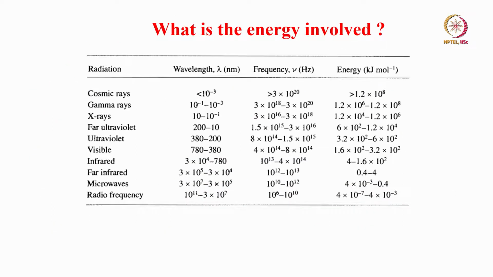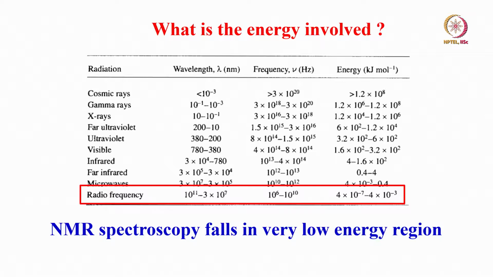Now the question is, what is the energy involved? See, in the varieties of molecular spectroscopy techniques, in this table you can see, starting from cosmic rays, gamma rays, etc., the wavelength, frequency and energy in the last column. Radio frequency comes in the last row at the bottom of the table.